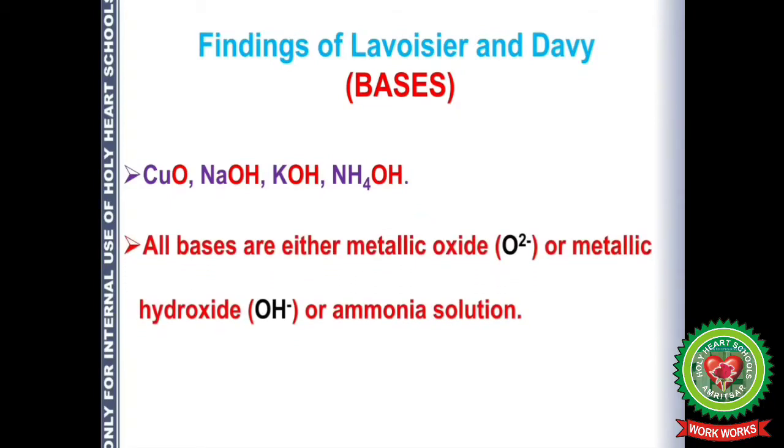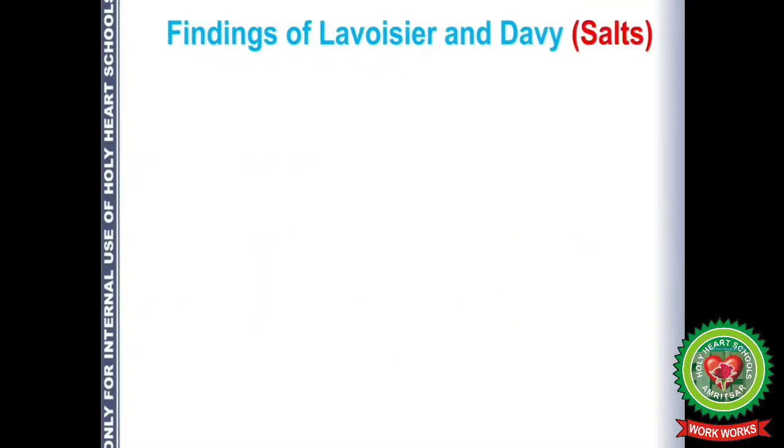So the same thing, Lavoisier and Davy concluded that all bases are either metallic oxides, metallic hydroxides, or ammonia solution. For salts, let's first take a reaction. HCl and NaOH combine together to form NaCl and H2O.